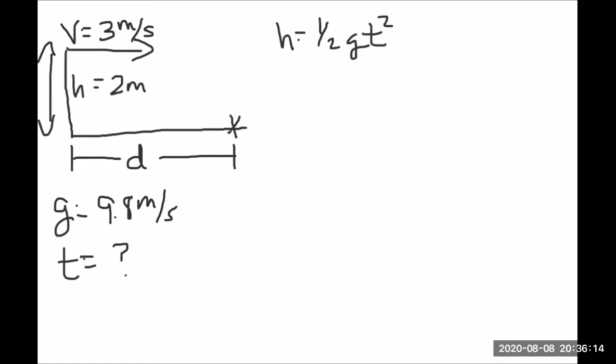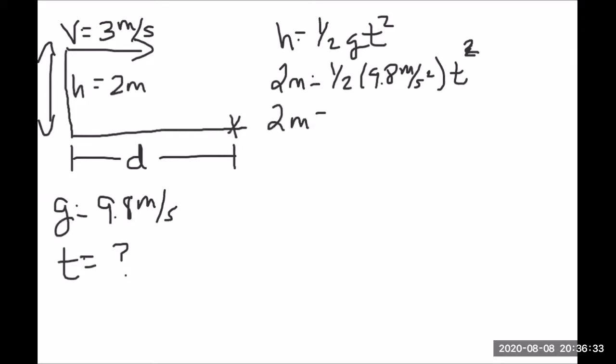All right, we've got a height of 2 meters, equals 1/2 times 9.8 meters per second squared, t squared. So we'd have 2 meters is 1/2 times 9.8, which is 4.9 meters per second squared, times t squared.